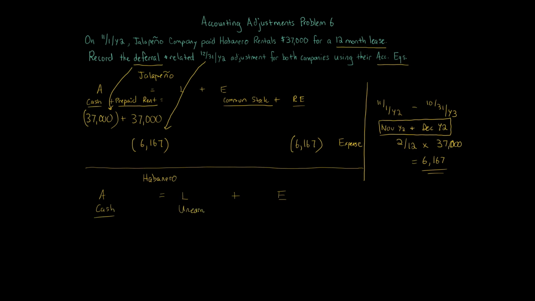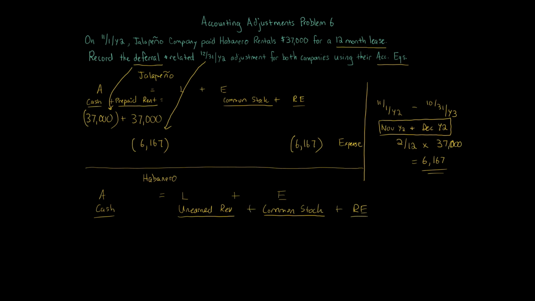If you think about it, remember we have two types of deferrals. We have prepaid expenses. That's what Jalapeno did, purchased prepaid rent. And then we have unearned revenue on the other side. And I'll explain more in a moment. For equity, we have common stock because we're assuming they're corporations. And then we have the retained earnings specific accounts.